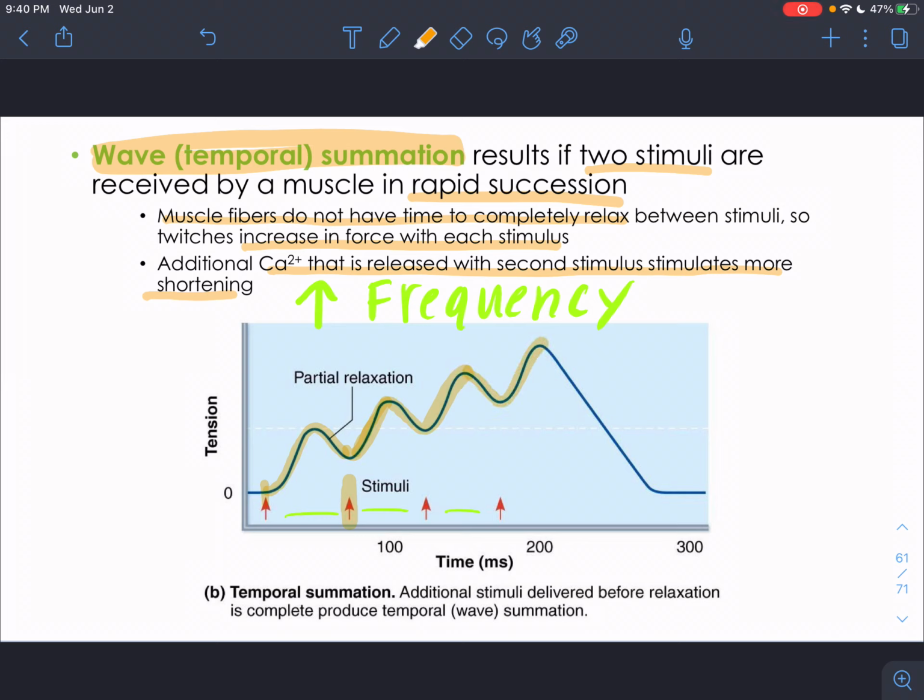Okay, so you're going to keep building up tension or shortening the muscle more and more as time goes on. Again, because you're not allowing the muscle to relax all the way in between. Okay, so that again is wave or temporal summation.